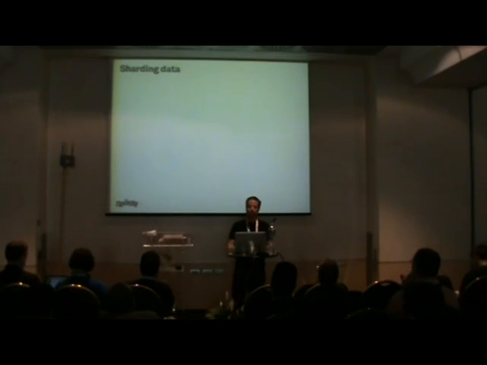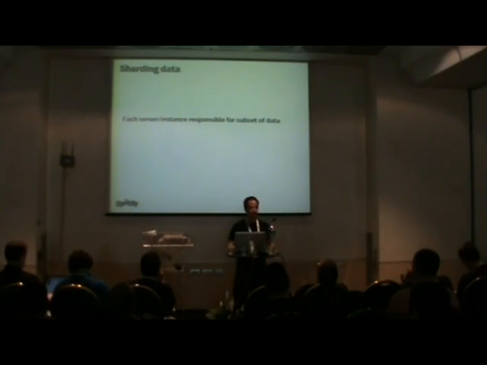All right, so you also have to share data, probably, at some point. If you have more data than a single server can handle, it could be too big to fit on disk, or it could be something that you need such performance for that you need to keep it in memory, and you're really limiting how much data a single machine can have.